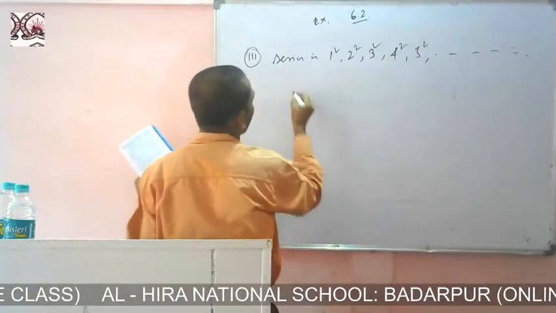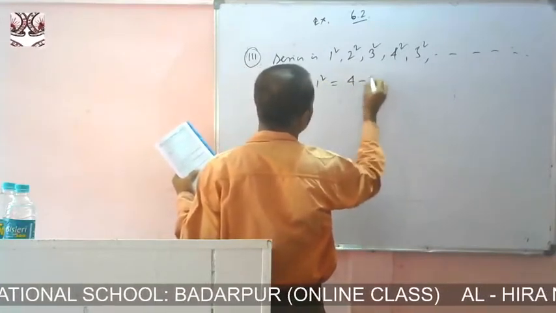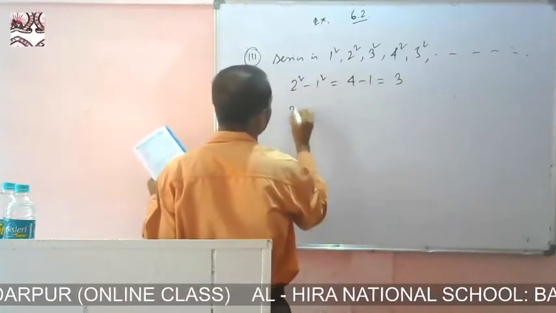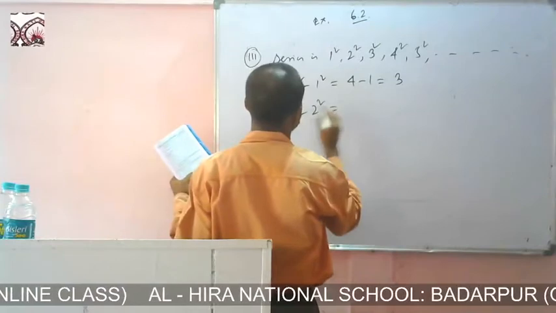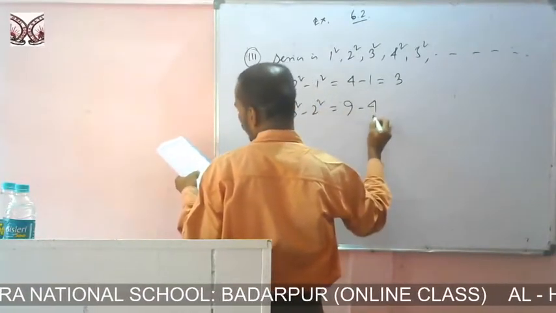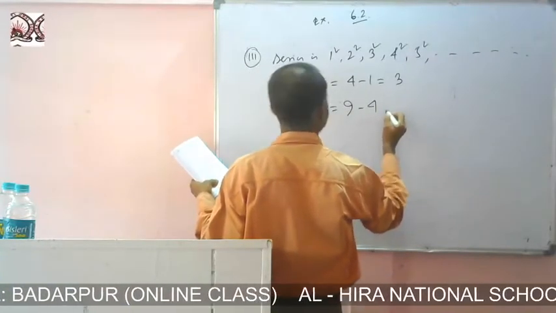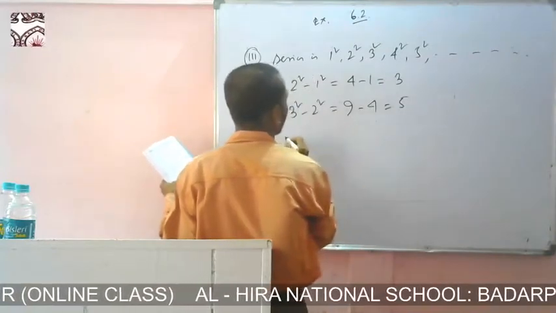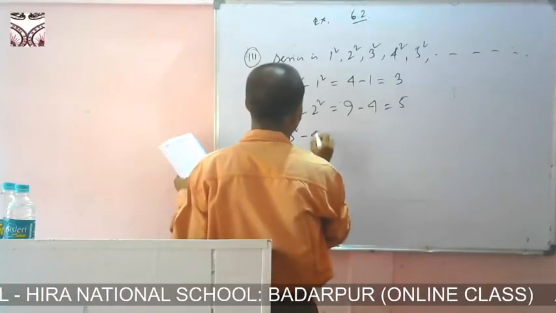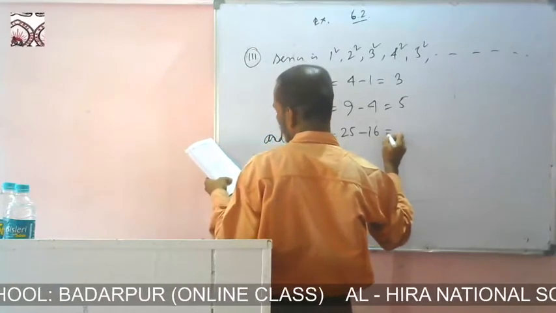So 2 square minus 1 square is 4 minus 1, which is 3. Again 3 square minus 2 square is 9 minus 4, which is 5. And 5 square minus 4 square is 25 minus 16, which is 9.